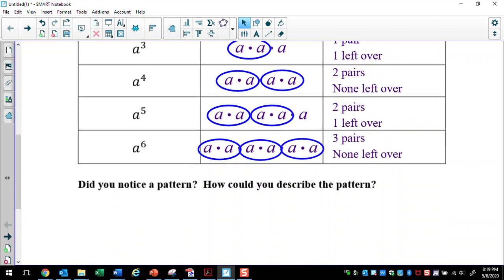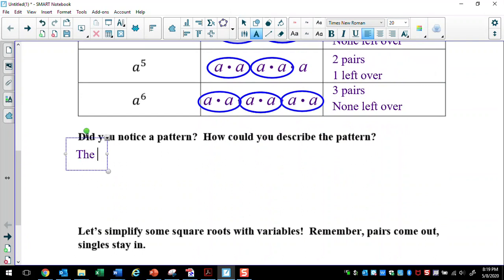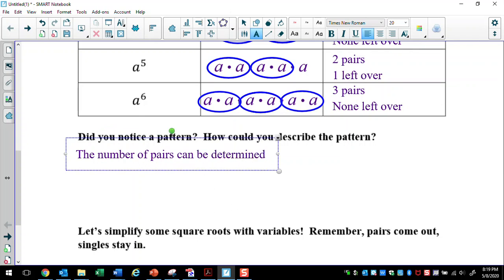So my number of pairs can be determined by how many times 2 can go into the exponent. So that's one way to look at it. The number of pairs can be determined by how many times 2 can go into the exponent.